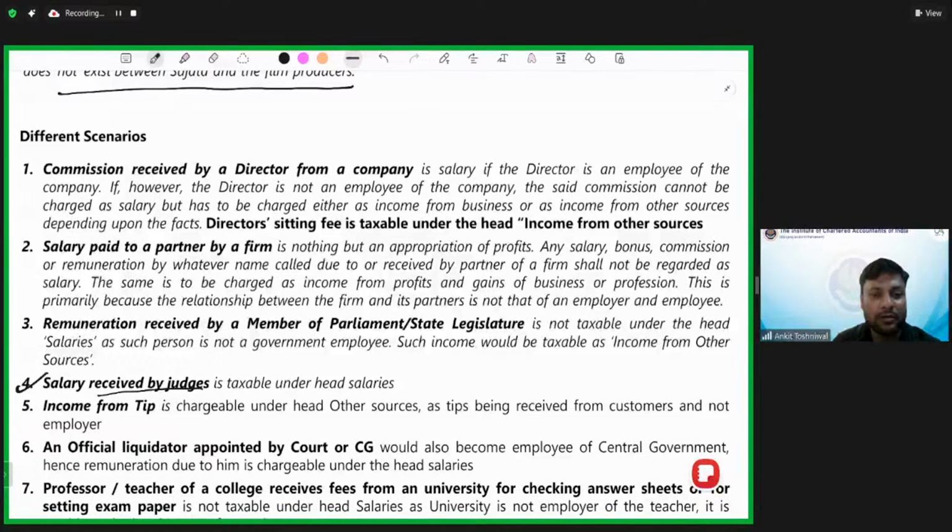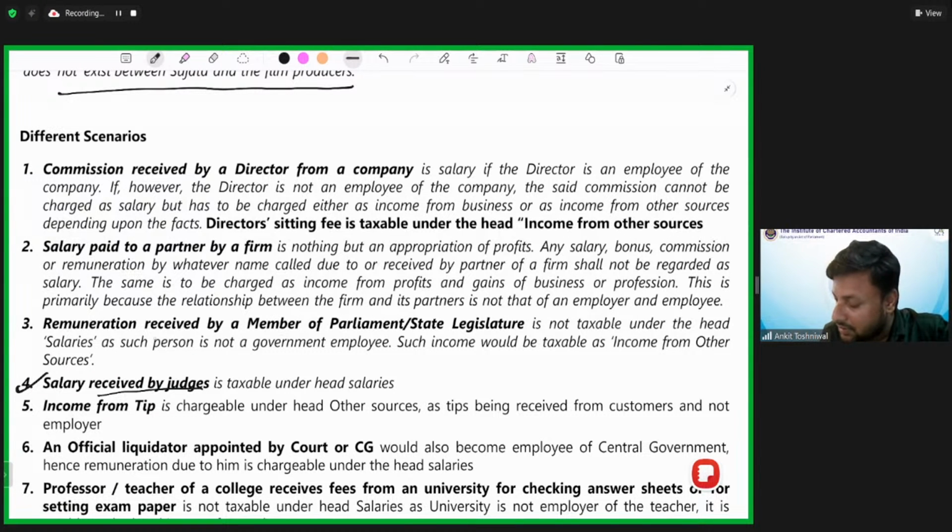There is a case law which defines that judges are deemed to be employed by the law, and law is the employer. So it is taxable under the head salary because there is an employer-employee relationship.